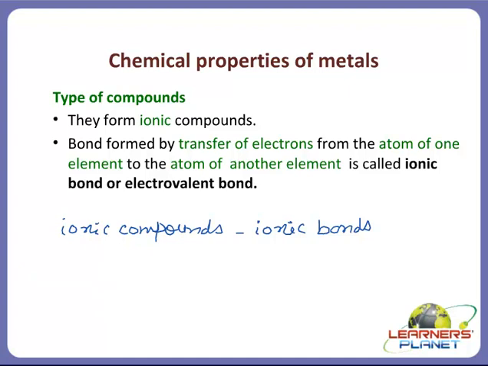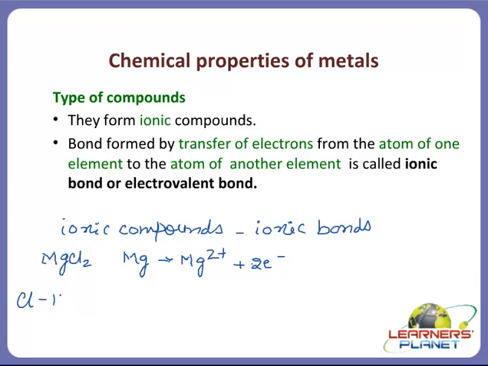Say, formation of magnesium chloride, MgCl2. What is magnesium, children? It is a metal. What type of ion is this magnesium going to form? It will form Mg2 plus ion, and it will give out 2 electrons. Now chlorine. How many electrons does chlorine have in its outermost orbit?